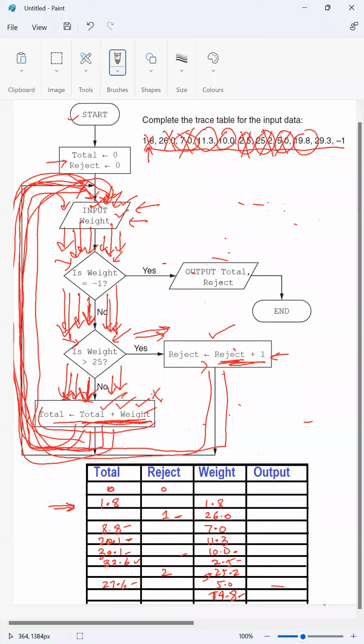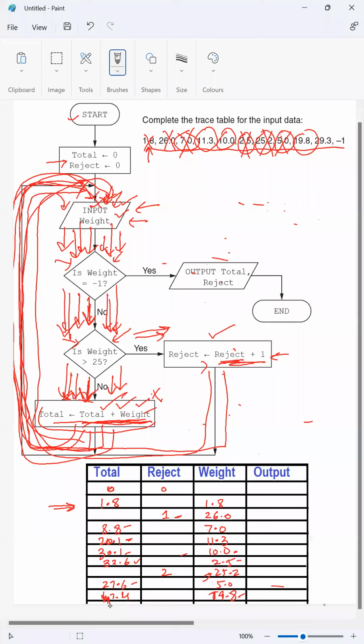That should be 46.8, right? 46.8 or 47.4. Okay. This value of the total might end up being incorrect because I'm doing it mentally, but you should understand how this is working.